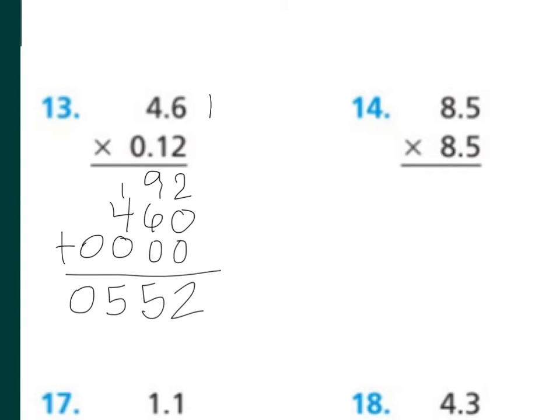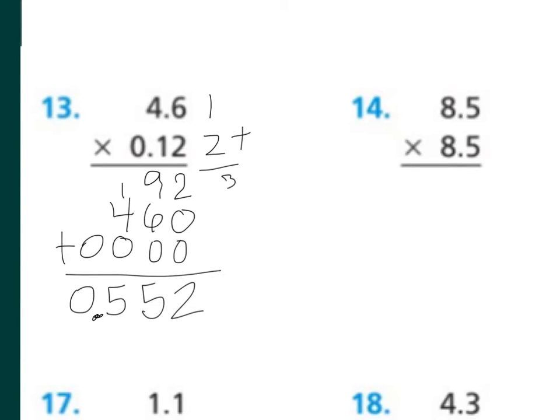If I add those 2 up, I have 3 place values. So I'm going to put my decimal in 1, 2, 3 place values, for the answer to be 552 thousandths.